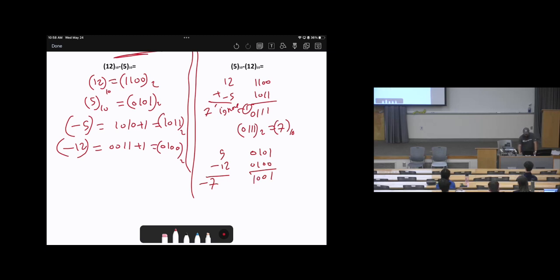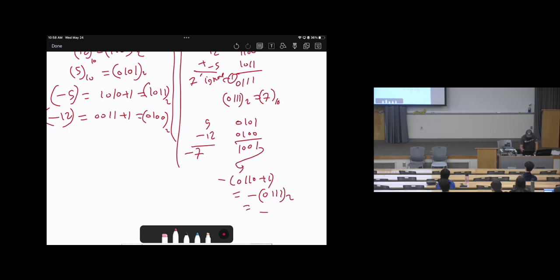This number, you need to find the complement because it must be a negative number. So to find the complement, put a negative sign here. It will be 0, 1, 1, 0, plus 1, then it will be negative 0, 1, 1, 1 in binary. And when you convert this, it will be negative 7 in decimal.